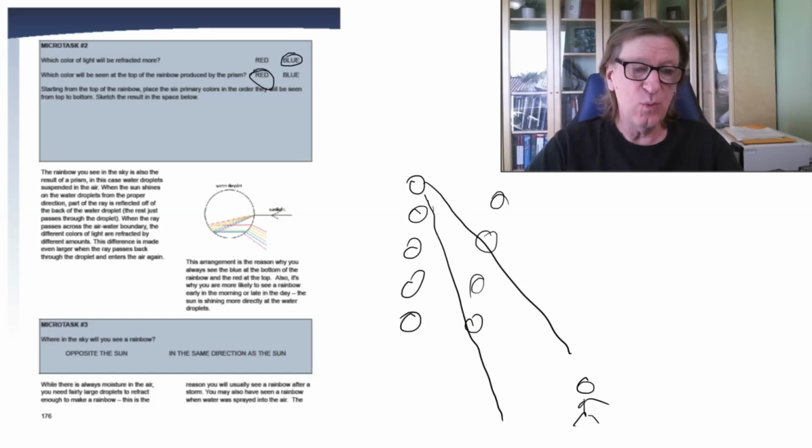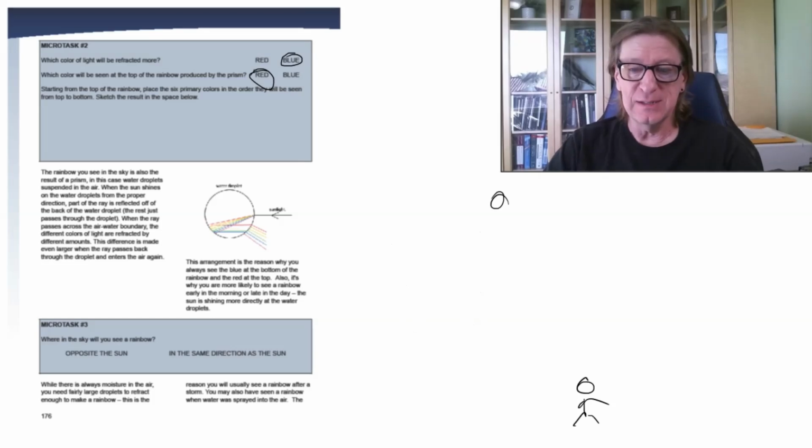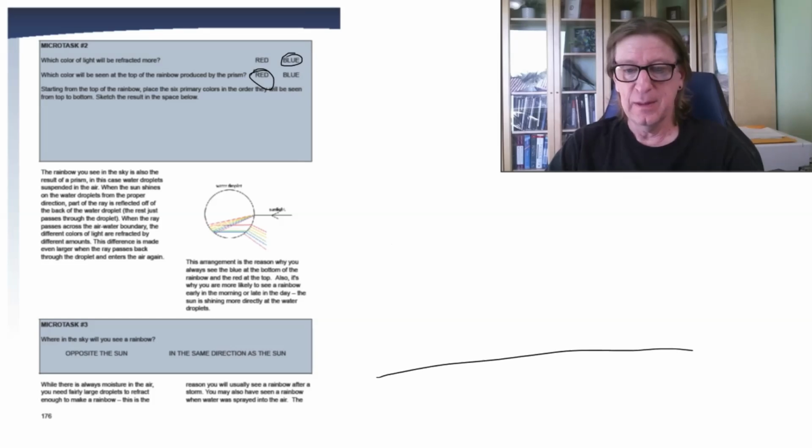So where will you see the rainbow? Some of you may have noticed this before, but some of you may not have thought about it. So let's draw our horizon here. And you're standing right here, and you want to see a rainbow.